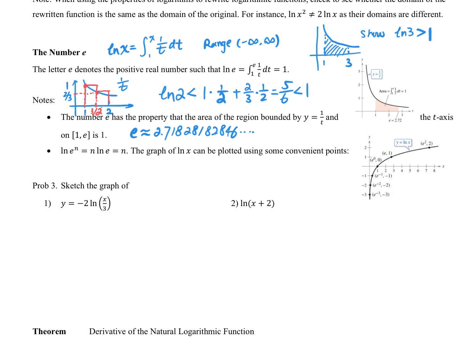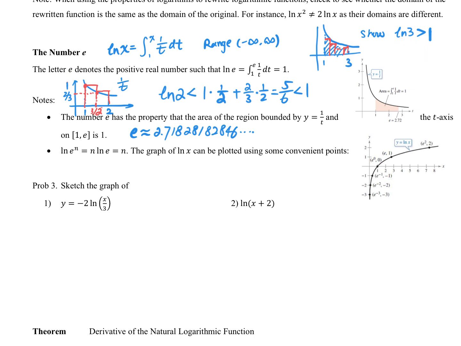Here you want to choose an appropriate number of subintervals, and then show that the area of those Riemann rectangles is greater than 1, so that ln3 is greater than 1. It takes a little trial and error, but I can tell you that if you use n equals 7 or 8 subintervals, you can actually show that ln3 is greater than 1.